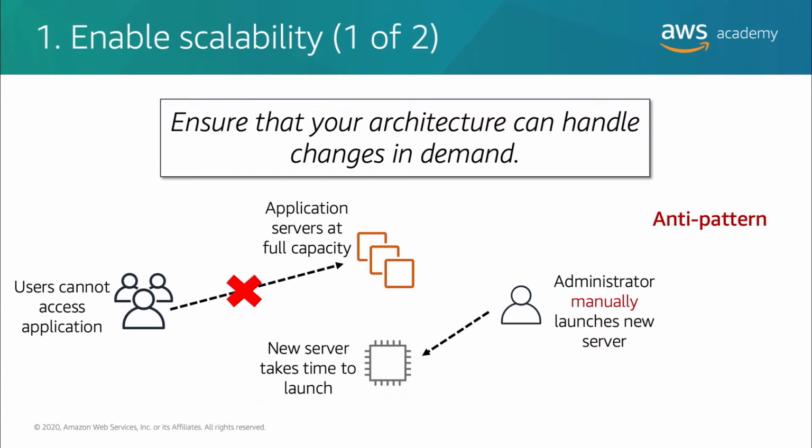In this scenario, when the application servers reach full capacity, users can't access the application. Administrators then manually launch one or more new instances to manage the load. Unfortunately, it takes a few minutes for an instance to become available for use after it's launched. This strategy lowers the availability of your application.